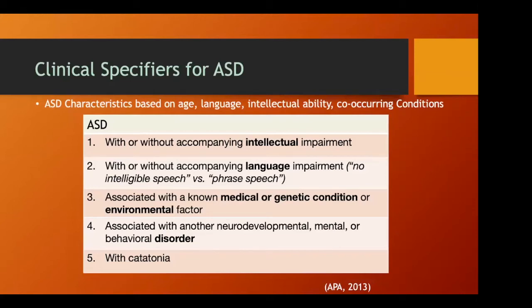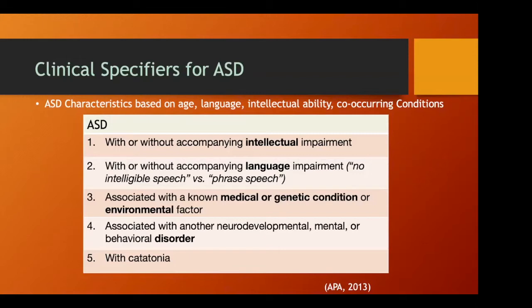Some of the clinical specifiers for an autism diagnosis are not things that you will necessarily be able to assess directly with NODA. You're going to need other information to look at intellectual levels and impairment, but you can get some good information about how they're approaching the toys or objects or activities in the environment around them. You can get a pretty good sense of their language, because there are opportunities during a video of mealtime and play with other people to hear: is this child using any verbal language?